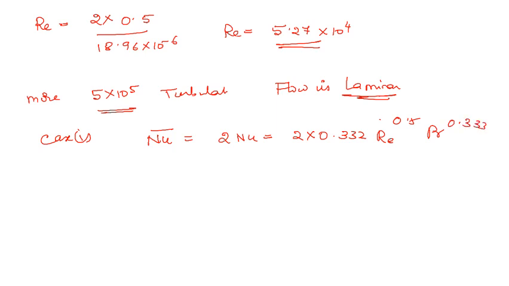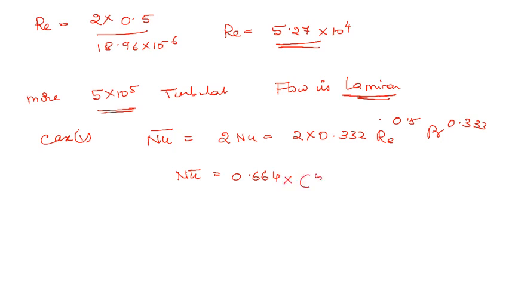If I use this as my correlation to find the first value, the Nusselt number is equal to 0.664 into Reynolds number.